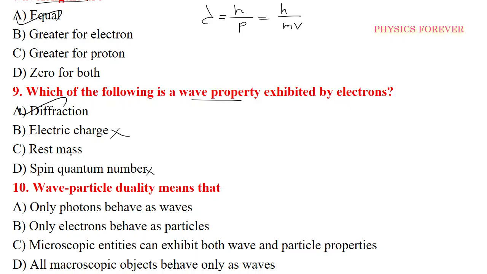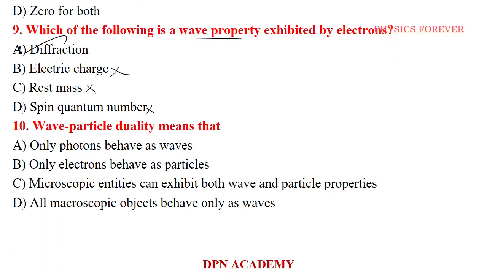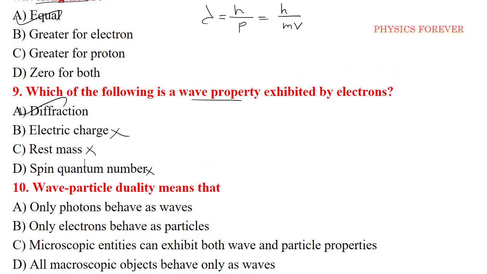Sometimes there may be confusion, but the elimination method is also useful. The last one: wave-particle duality means that matter microscopically exhibits both wave and particle properties. We discussed this earlier, so option C is correct.